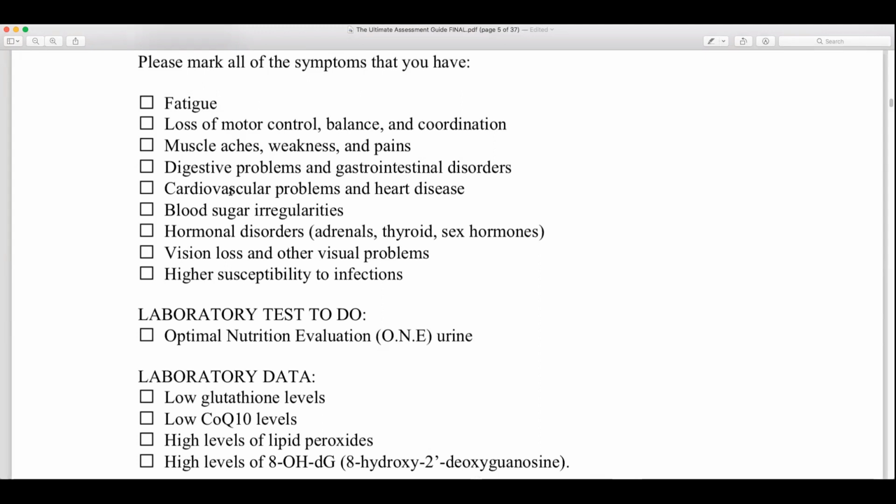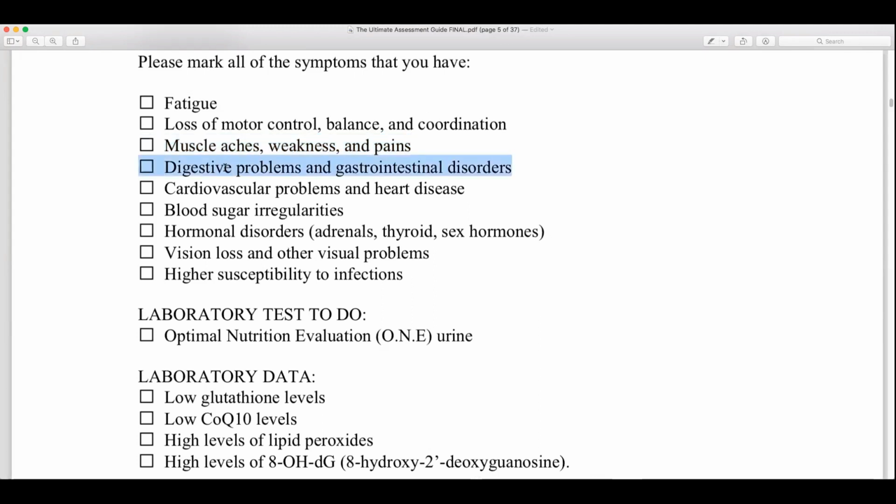But so many of our organs have mitochondria in them: adrenals, the heart muscle, muscles themselves. So if you're looking, every single one of these things, brain, muscles, this is all basically referring to the organ that has the mitochondria in it.